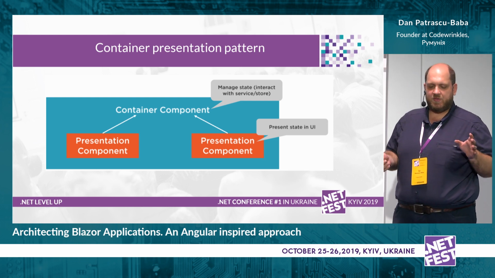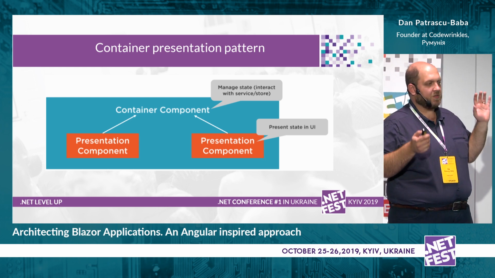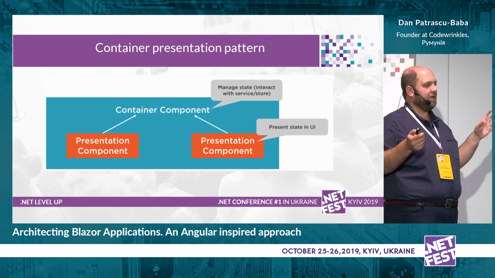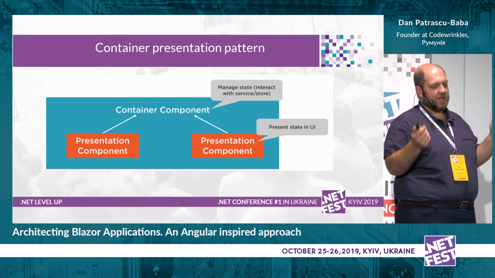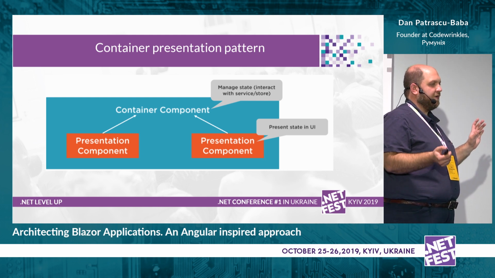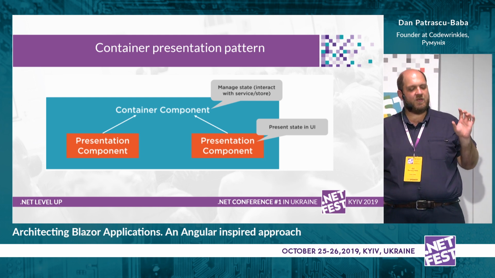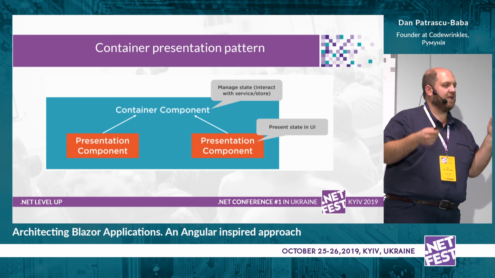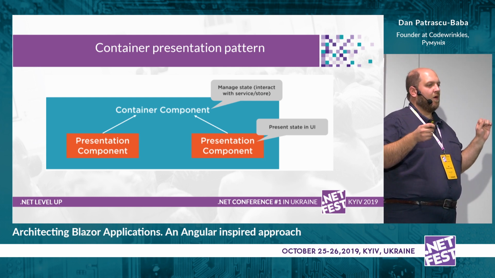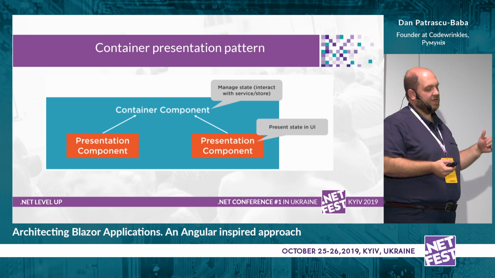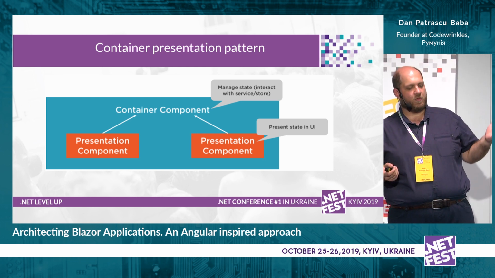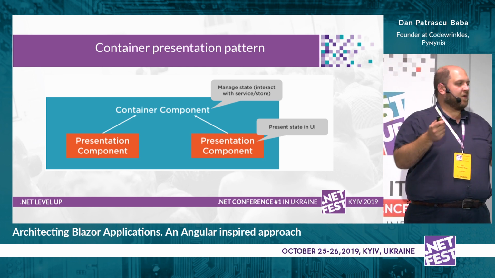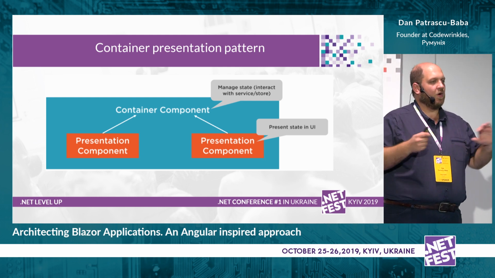On the one hand, we have the parent component, which in this case we call the container. Why do we call it the container? Because this component is the one that is responsible for handling state. And all the children, which are in this case presentation components, do not handle state at all.